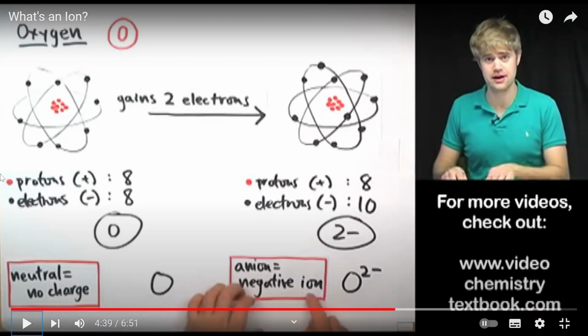Pardon me? It's helpful for that? Okay. So maybe you'll remember it the other way because this would not work for you. But anyway, however you remember it, anions are negative.